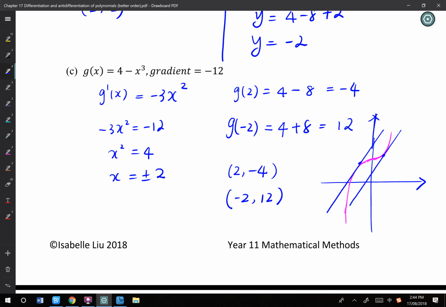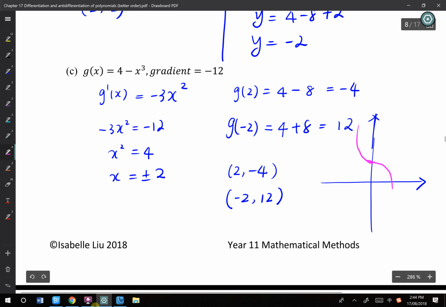Sorry, I drew it the wrong way. It's a decreasing function. So I have this. Okay, 0, that's the stationary point of inflection. That's the tangent at negative 2 and 2, so it's negative 12. I'm not drawing to scale, but that's the idea of why I can have two different points with the same gradient. They are parallel. After you sketch the gradient, they are parallel to each other.